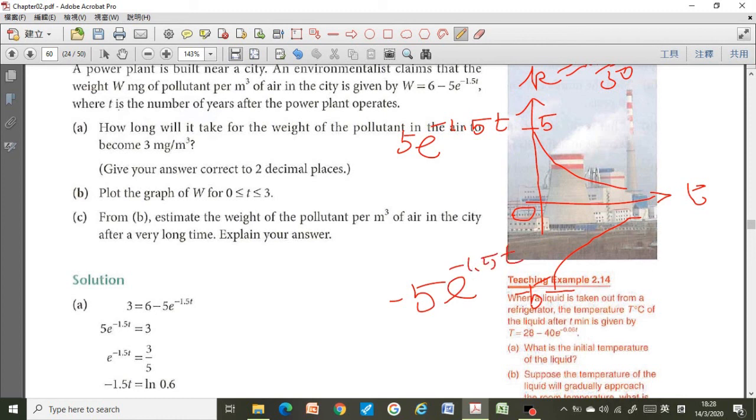So this one will move upward by 6 units. If negative 5 moves 6 units upward, this point will go to 1, and this 5 will move to 6. You add 6, so this negative 5 will move to 1, and this point will move up to 6.